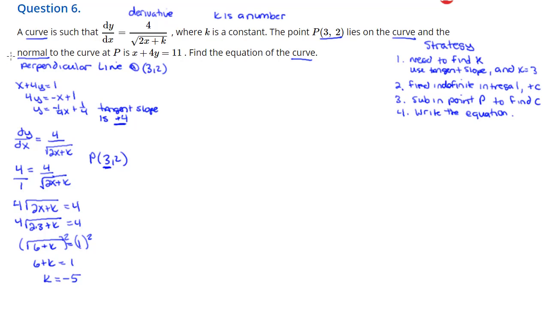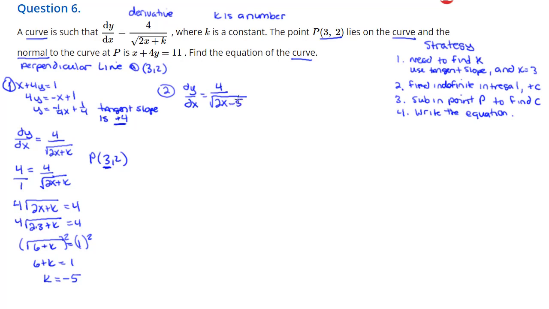So now let's move on to part 2. Part 2 says we're going to find the indefinite integral, and we're going to need the derivative to do that. So we've got the derivative with respect to x is equal to 4 over the square root of 2x minus 5.